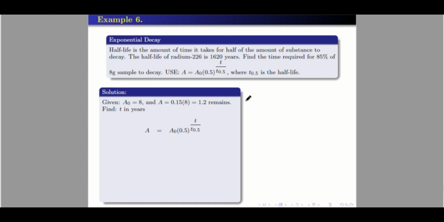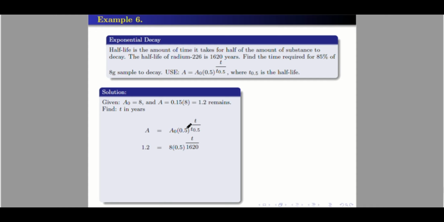So here, our initial amount is 8 grams. And since 85% of the 8-gram sample has decayed, then of course the final mass is only 1.2 grams. And take note, this is an exponent.